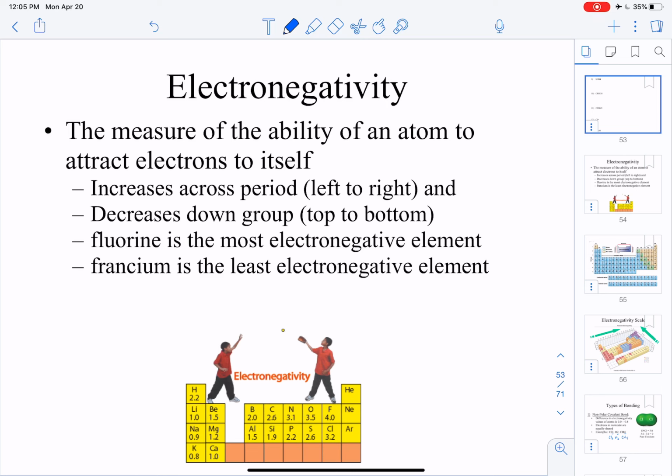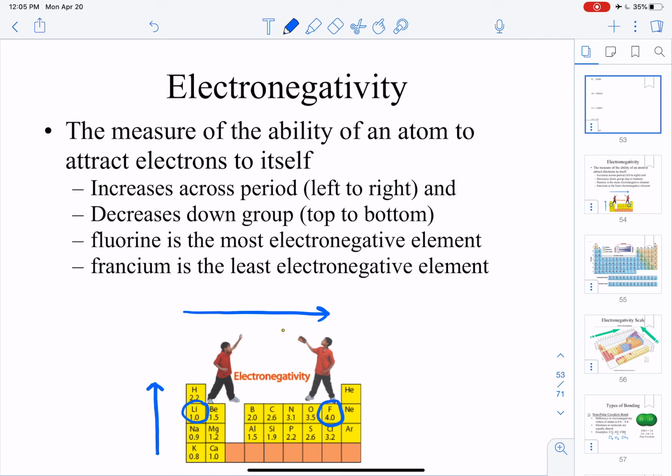Now, if we look down at the picture below, we can see that electronegativity increases across a period, so left to right. So we can see that lithium has a value of 1 and fluorine has a value of 4. And we can also see that electronegativity increases as we go up a group.